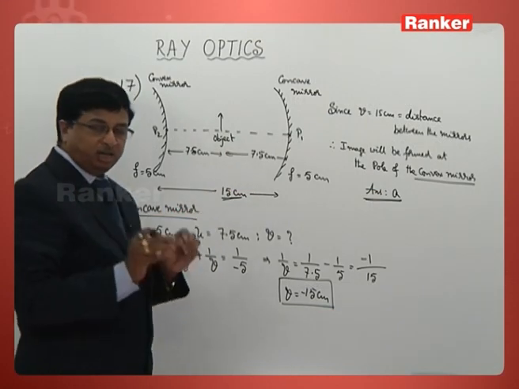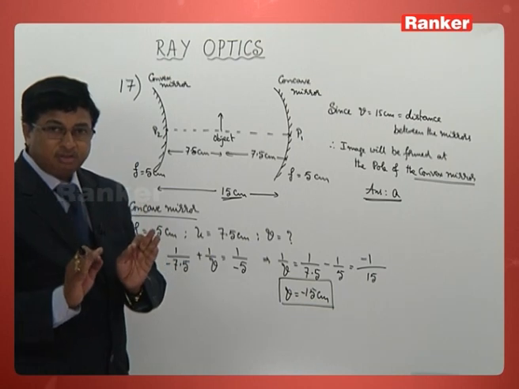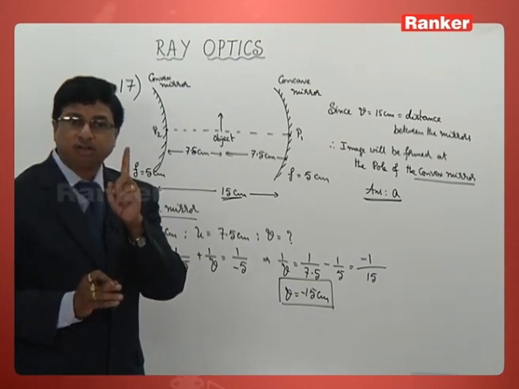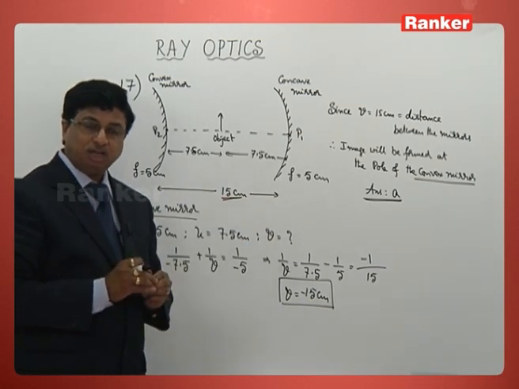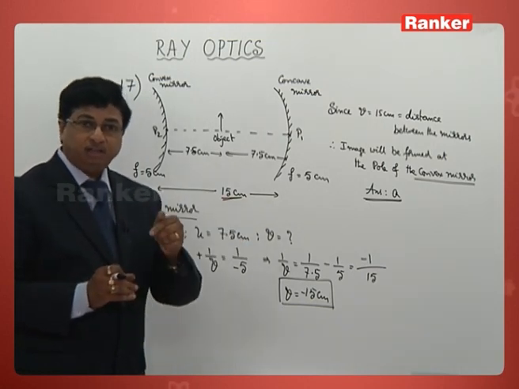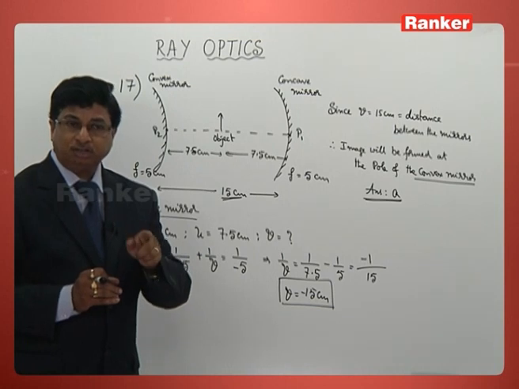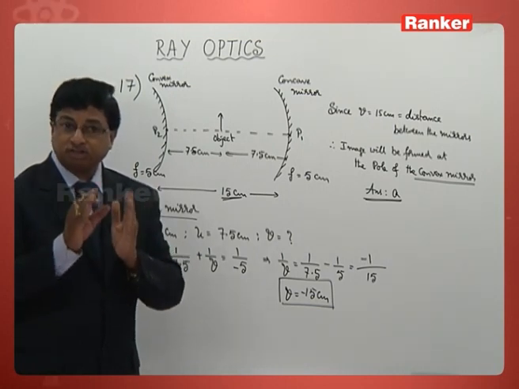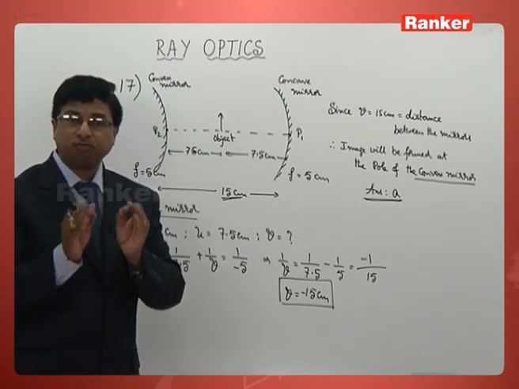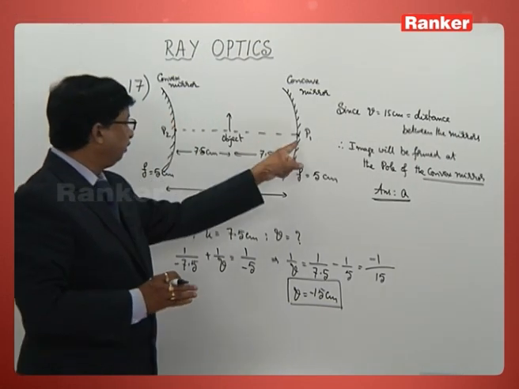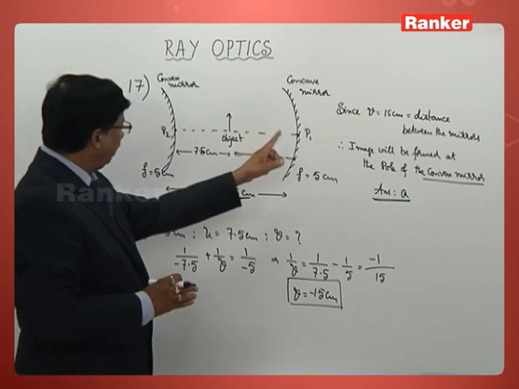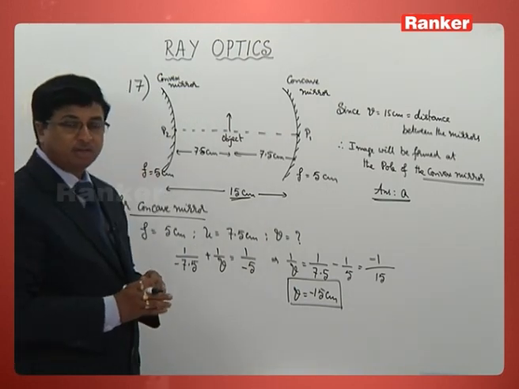Only thing you should identify from the problem is, where is the first reflection taking place? When two mirrors are arranged like this, where the first reflection is taking place, he will mention it, and one should understand it very clearly from the problem. So first reflection is taking place on the concave mirror. Then of course it falls on the convex. That is the concept.